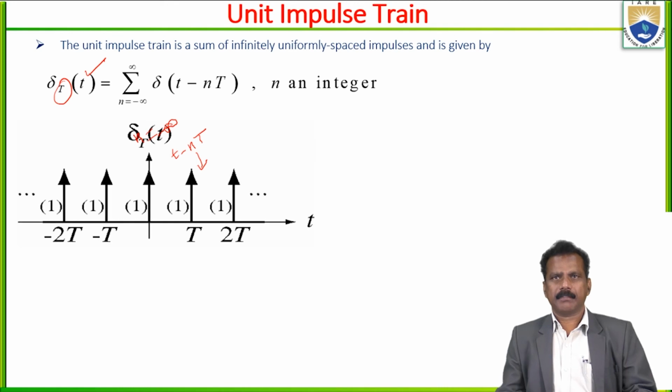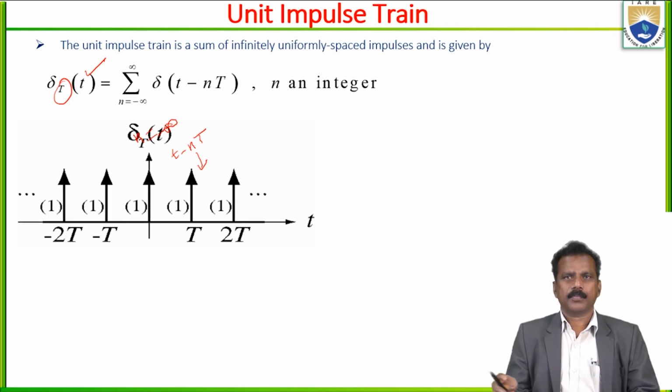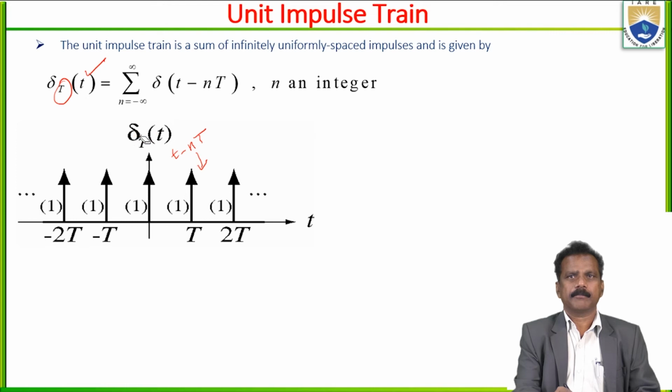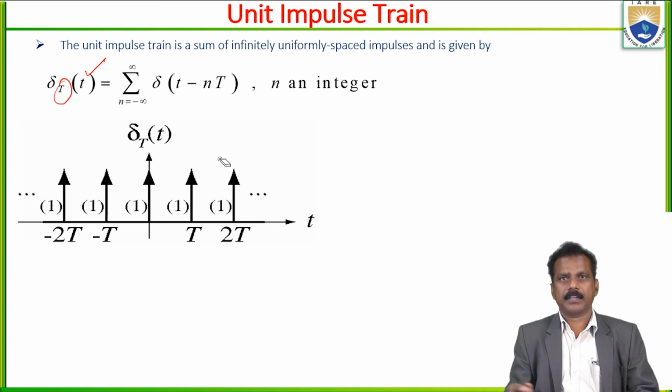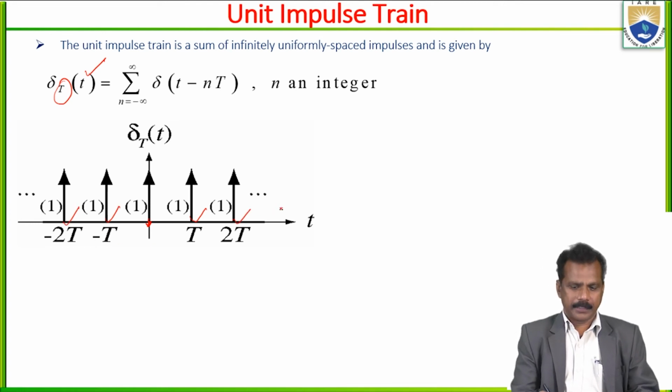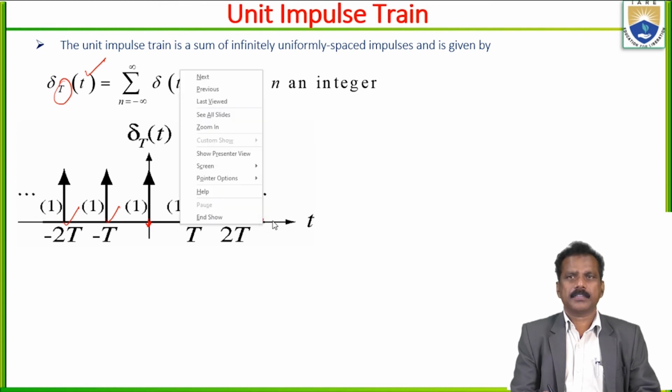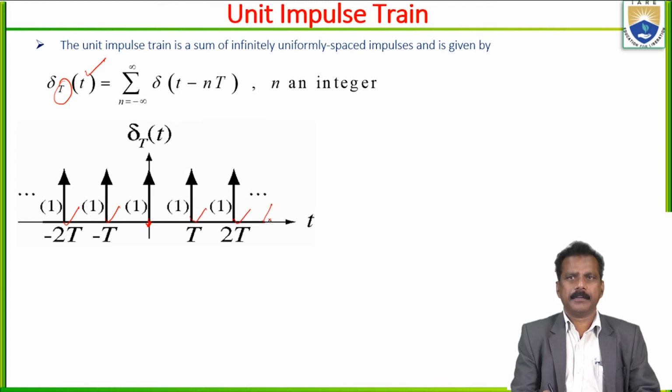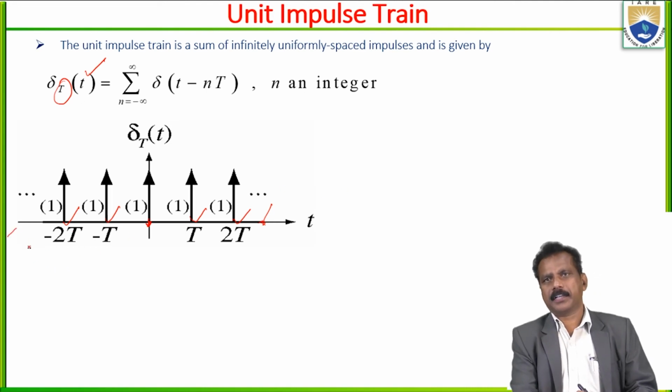Here is the graph of t versus the delta train. Here is the origin, here it is T, here minus T, here 2T, here minus 2T, here 3T and minus 3T, and so on.